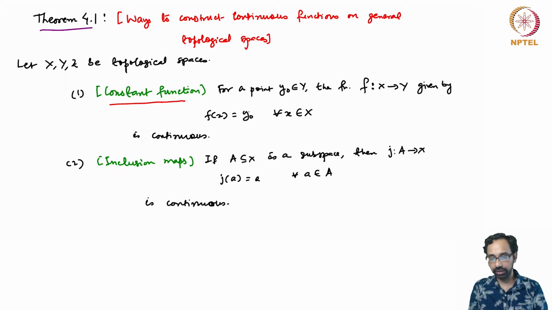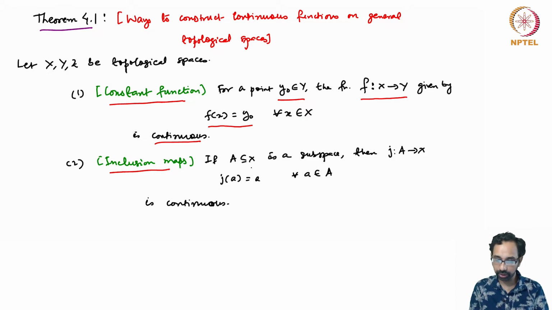So what is a constant function? Of course we have taken X, Y and Z to be topological spaces, and we fix a point y naught in the space Y, and then the function f from X to Y takes every point to y naught. So f(x) equals y naught for all x in X. This is a continuous function. Similarly, the inclusion functions are continuous.